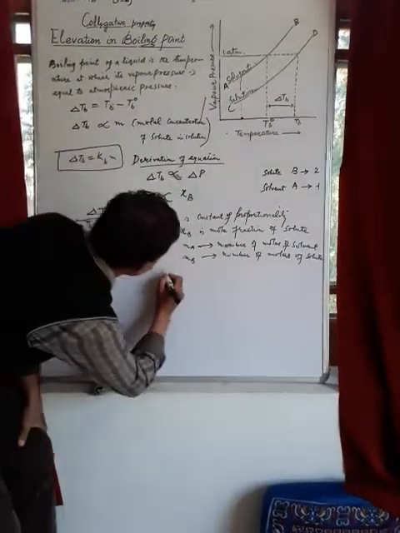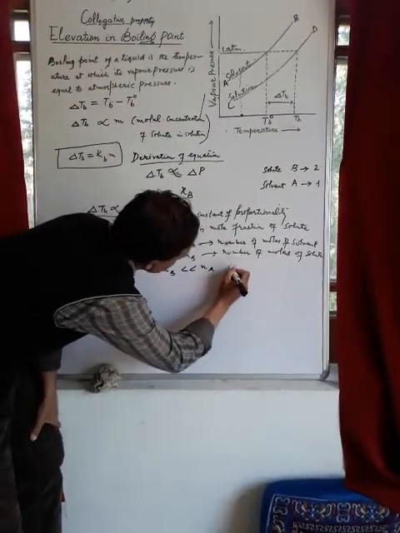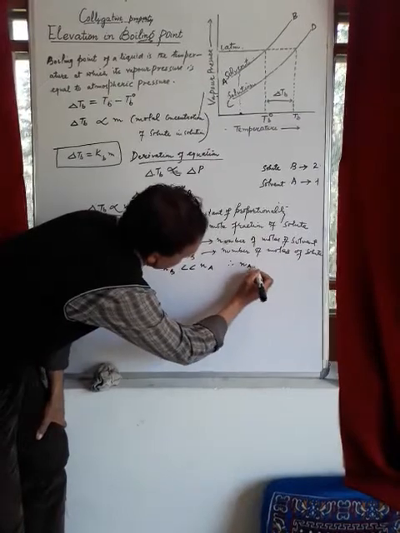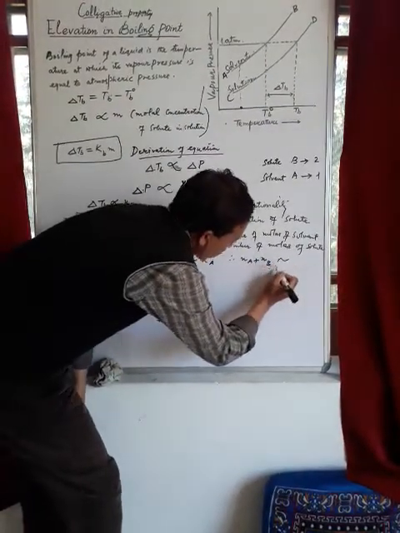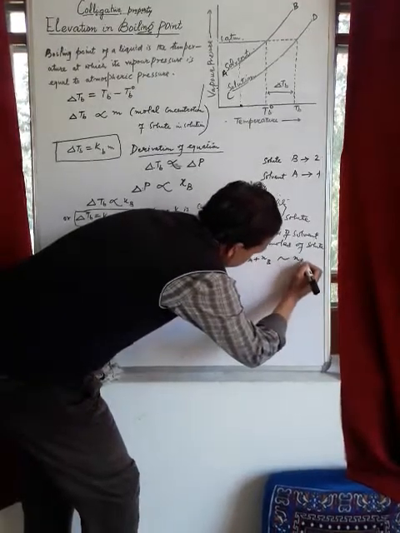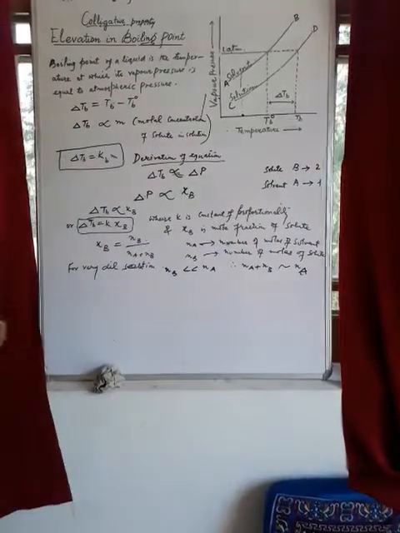For dilute solution, nb is very small as compared to na, therefore na plus nb is approximately equal to na, the number of moles of the solvent.